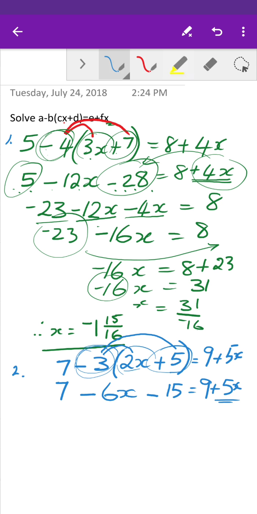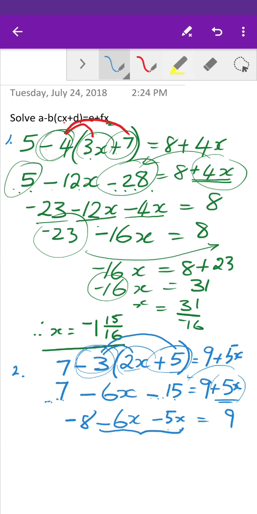We'll bring this plus 5x over to this side, and that will make it negative 5x. And the 9 stays there. Now 7 minus 15, I'll just join those together. 7 take away 15 is negative 8. And we've just got that negative 6x. And this plus 5 became negative 5x.